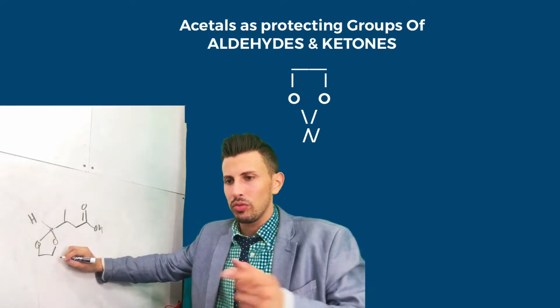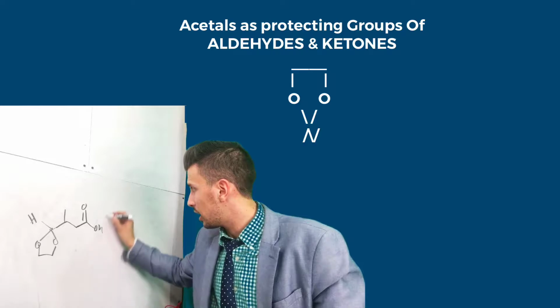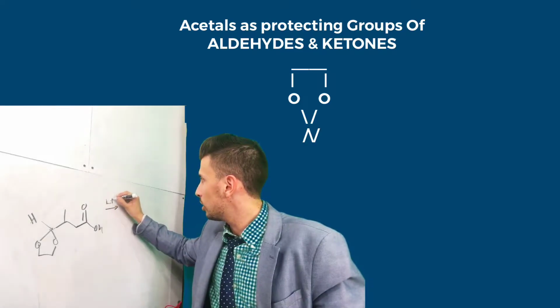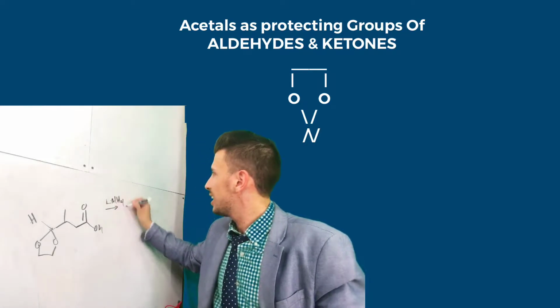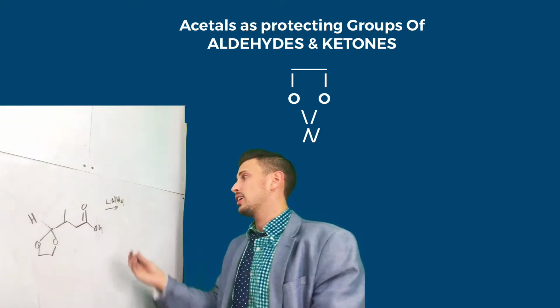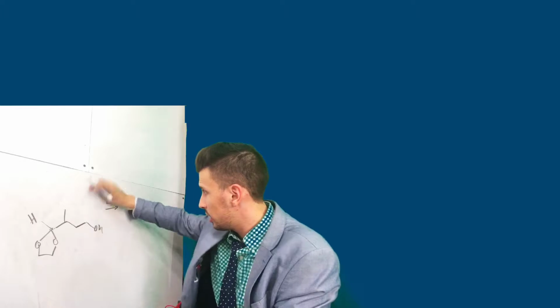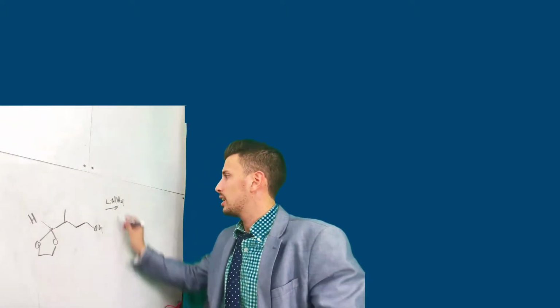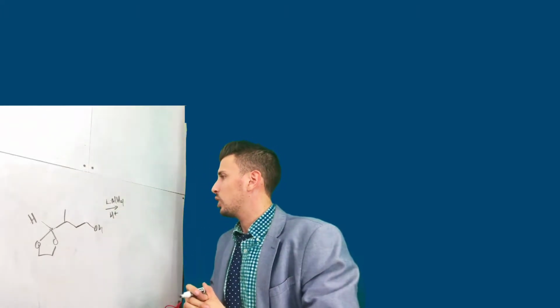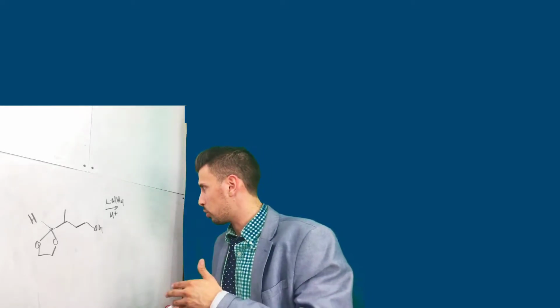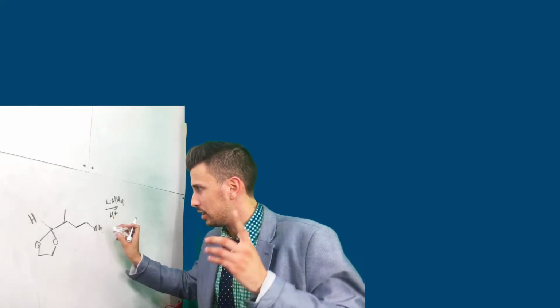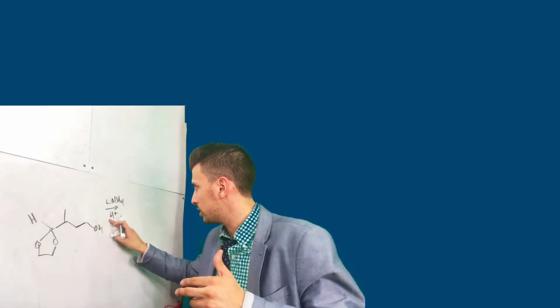And so if we follow this reaction then, and we treat this with lithium aluminum hydride, which is a strong reductive agent, we know that this is going to convert the carboxylic acid into an alcohol. In sequence with the protic or acidic workup, the purpose of this is twofold.